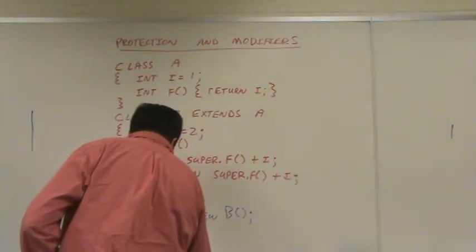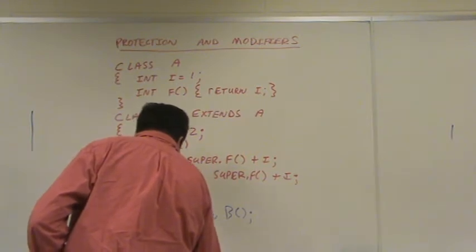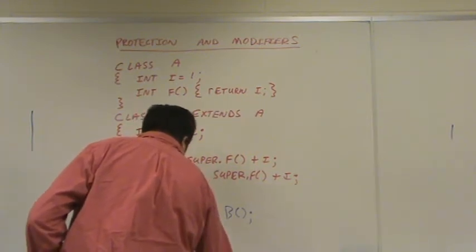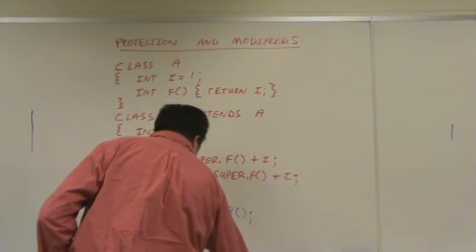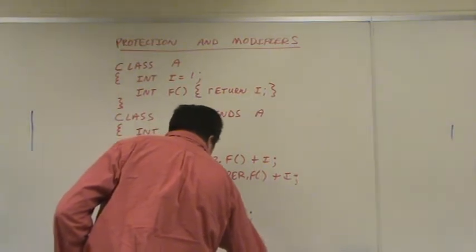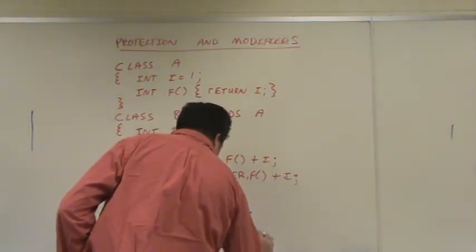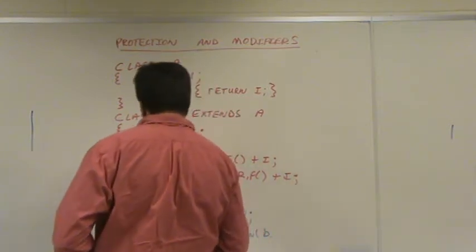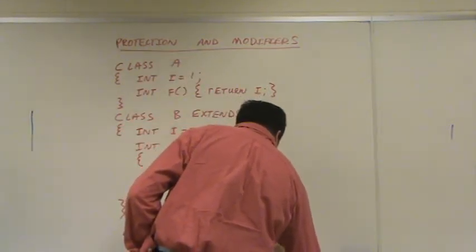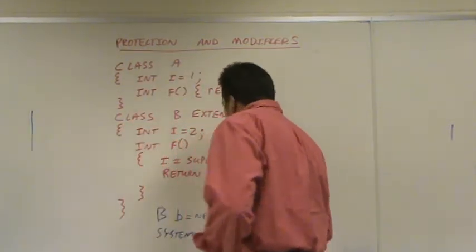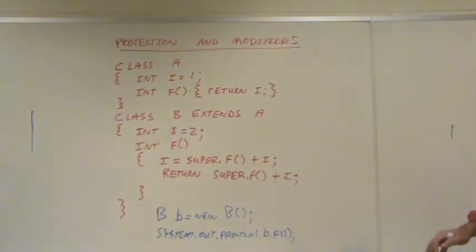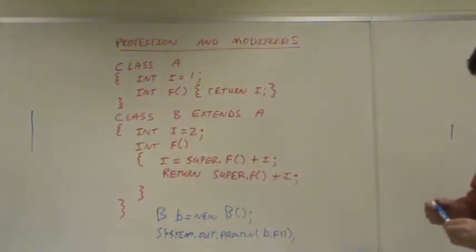So they said system out print line B dot F. What would the output of this program be if they decided to print this?